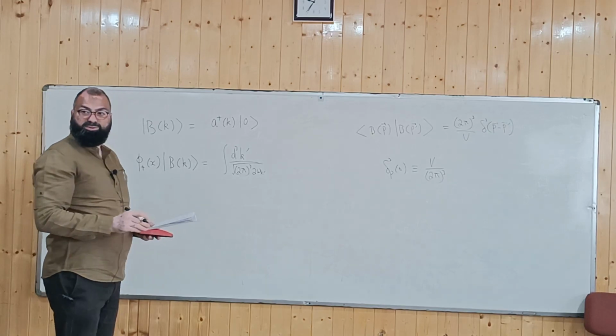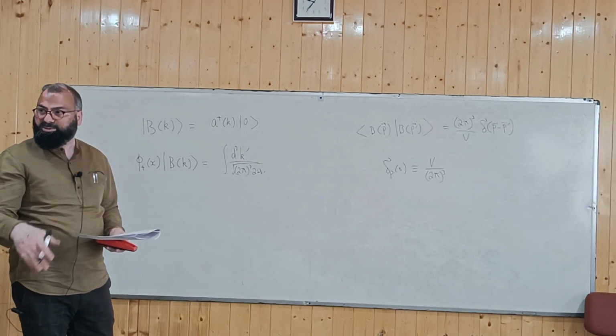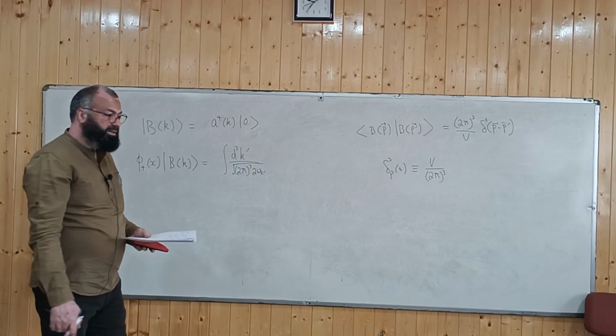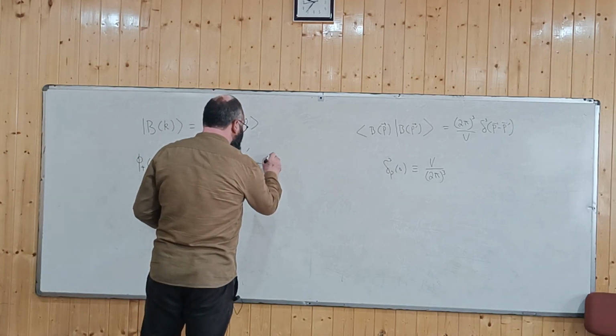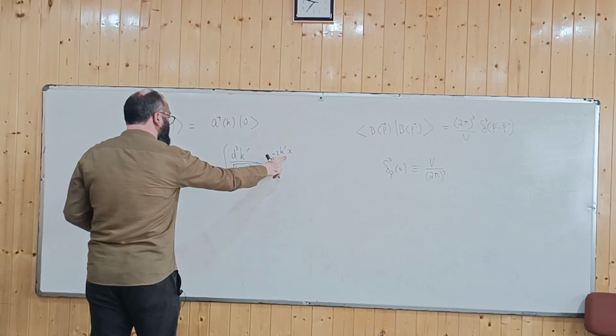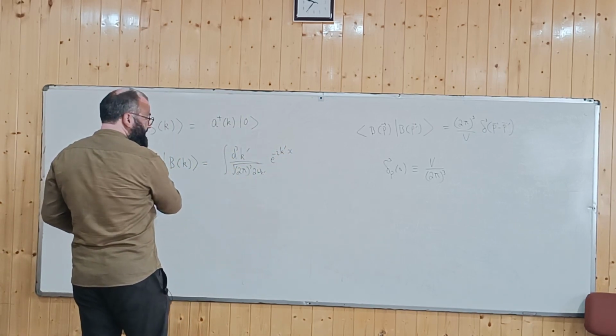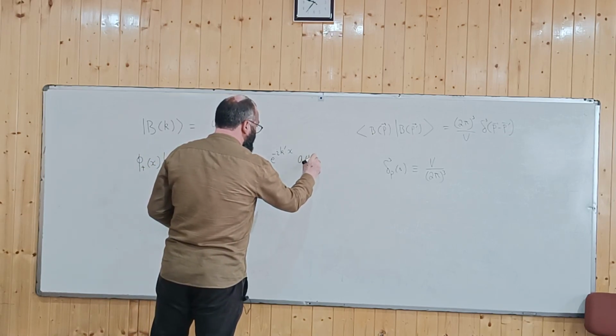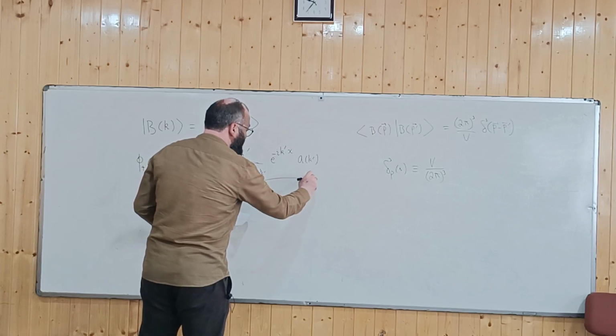So I'll use omega for the energies of the bosons and E as the energy of the fermions. Clear? Okay. Then it is e raised to power minus i k prime dot x. So this is a 4 momentum here, and x is the space-time point, and you are having a of k prime. So this object is your phi plus.